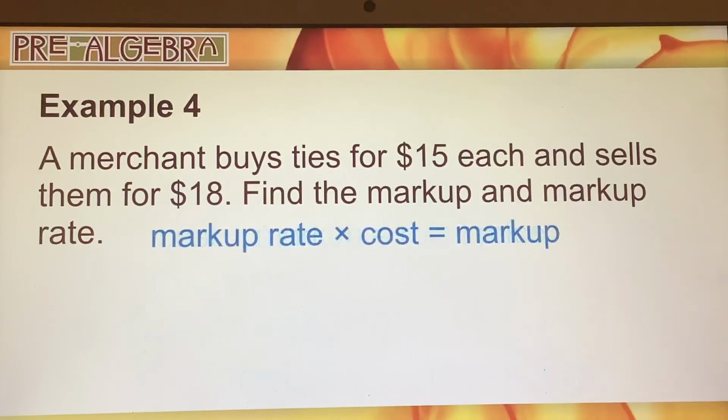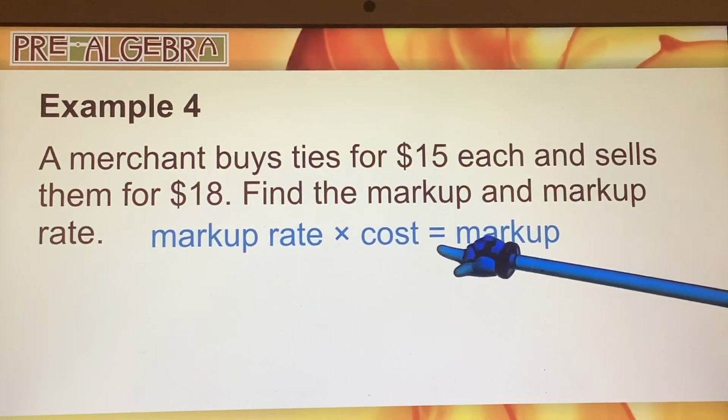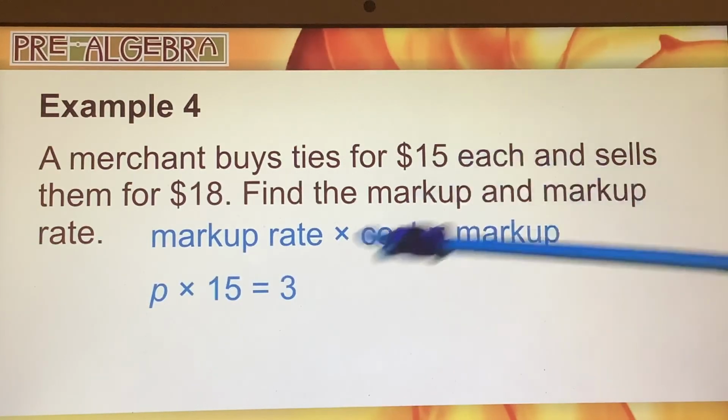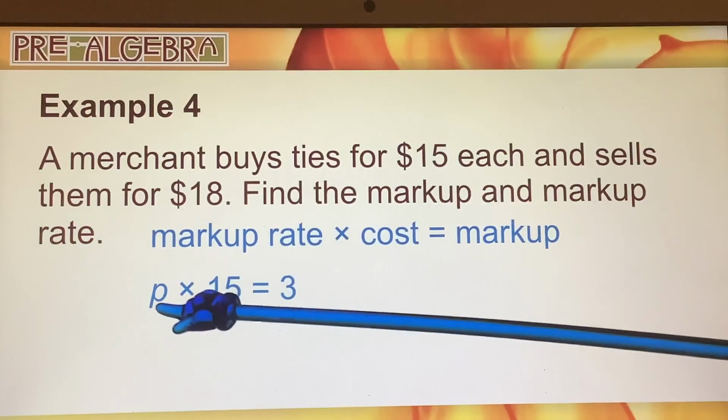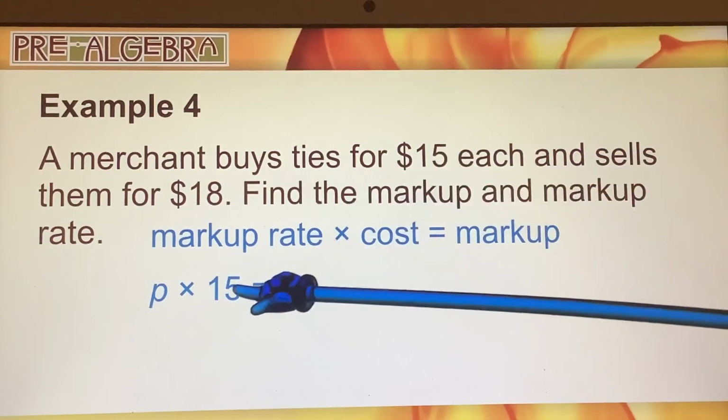Then we need to find the markup rate. So the markup rate times the cost equals the markup. And so we plug in our numbers here now. The markup rate is the percent that we need to find. And the cost was $15 each.